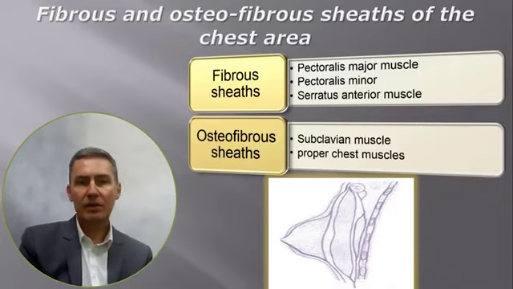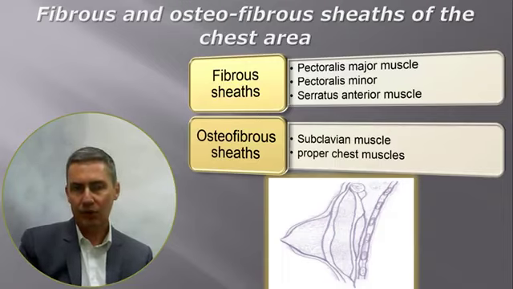The fibrous and osteofibrous sheets of the chest area are represented by two groups: the fibrous sheets, or fibrous coverings of the muscles, and also the osteofibrous sheets formed by the fascia and also the related bones.